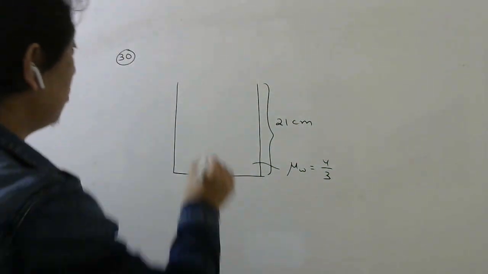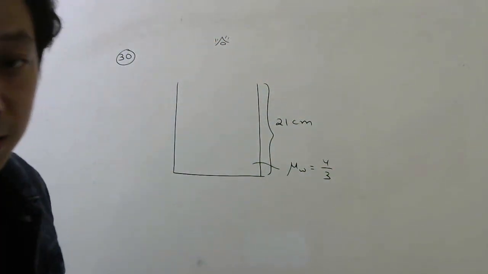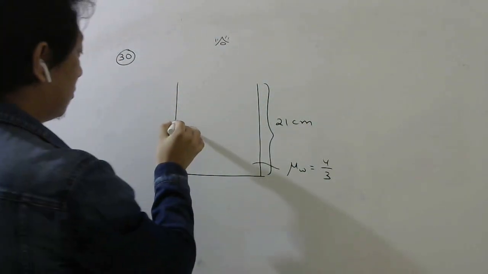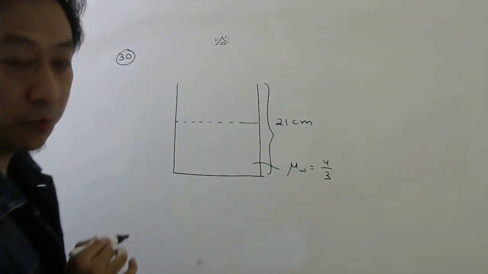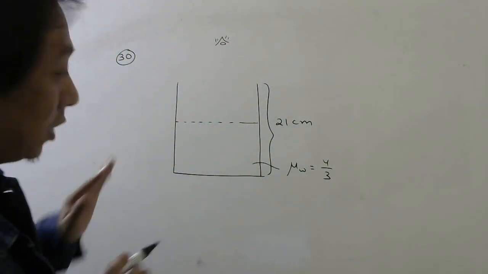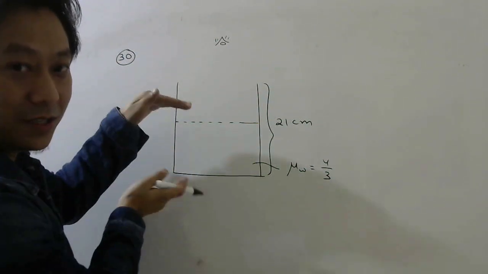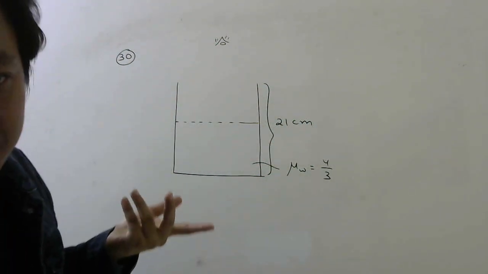Okay. So when you see from the top, the container should appear half filled. But that doesn't mean that we should put it exactly at half. If you put it exactly half, and you see it really from here, you will see this is half filled. So you have to fill water up to half of 21.